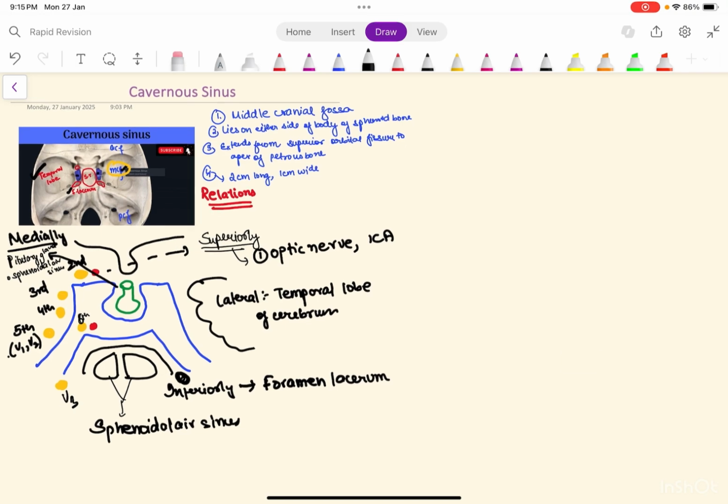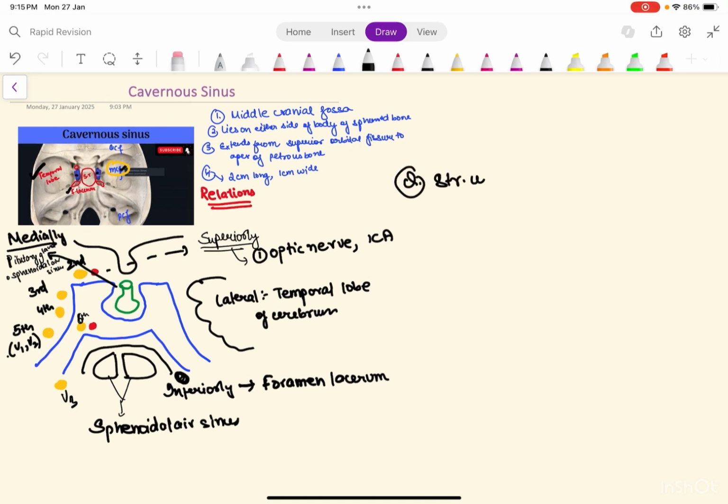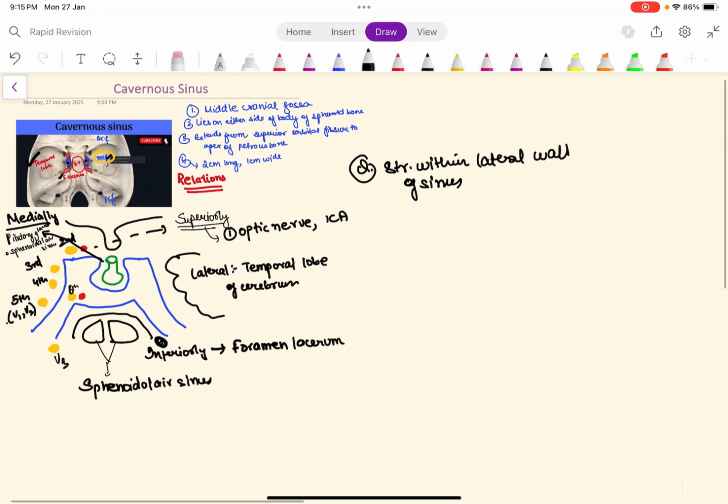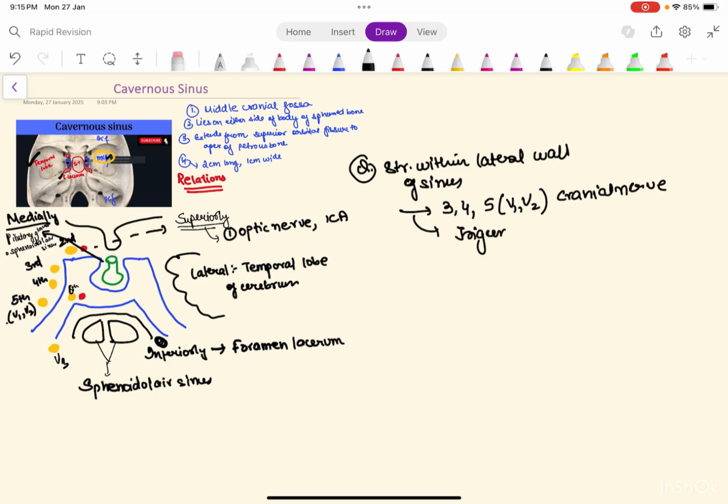Now, the questions that you get asked. All these are questions only. Plus there is one more question: structures within the lateral wall of the sinus. I told you laterally 3, 4, 5, right? So 3, 4, and V1, V2 of the fifth cranial nerve, and also the trigeminal ganglion.